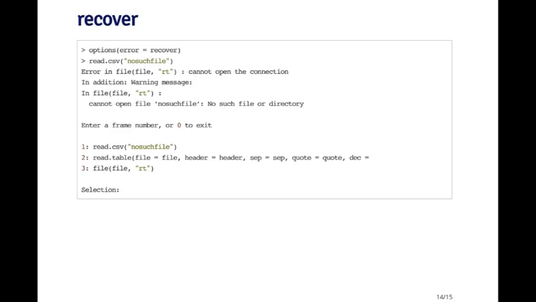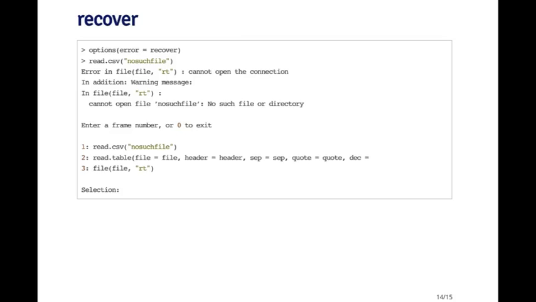Remember, read.csv is just a wrapper for read.table. So read.csv called read.table, and then read.table called the file function because it wanted to create a file connection with my file. There's no such file, and when it tried to create that file connection, it couldn't find the file, and that's where the error occurred. So the error occurred at this third level in the function call stack.